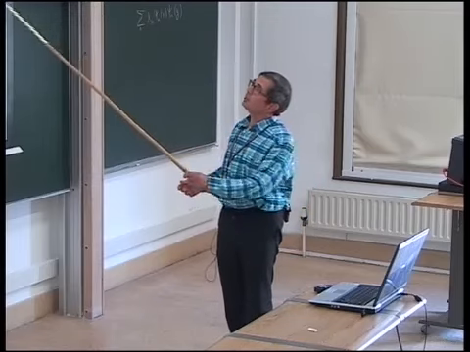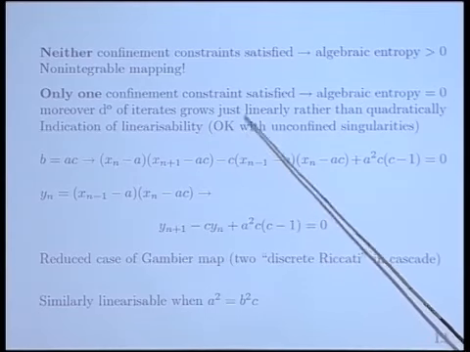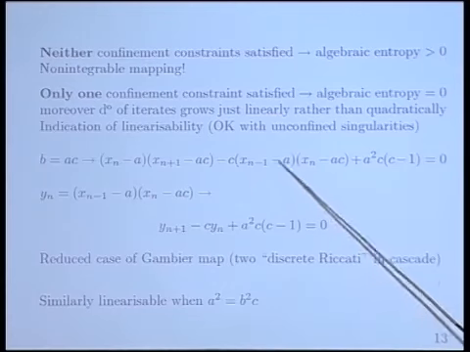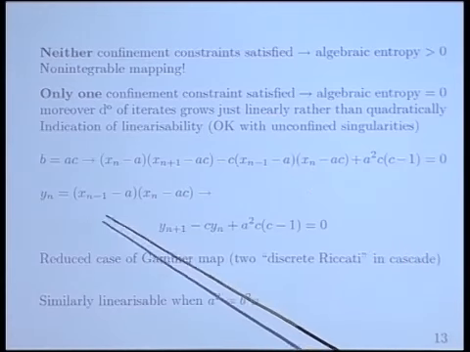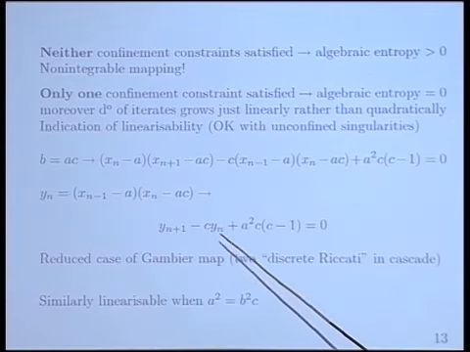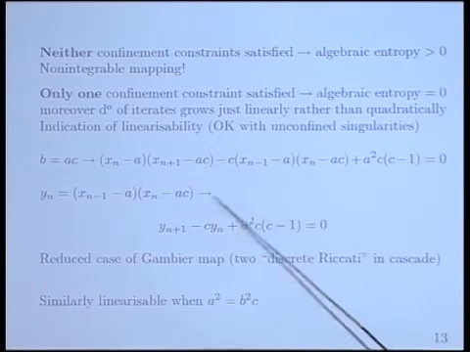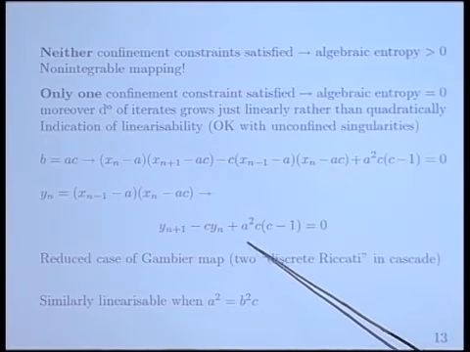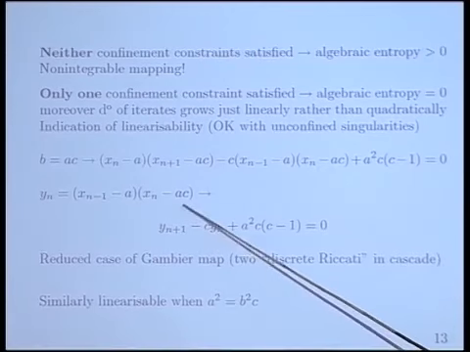So this will be a linearizable system, 0 entropy but non-confined, and this is the linearization. We introduce this variable y, and then we realize that y must satisfy a non-homogeneous linear equation, and once you know y, you can solve for x.